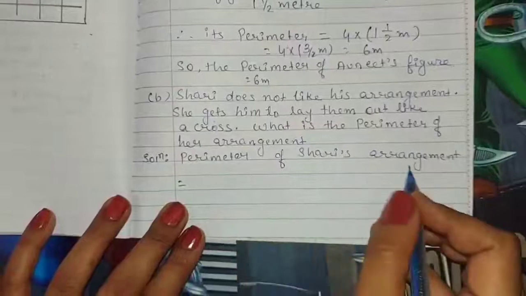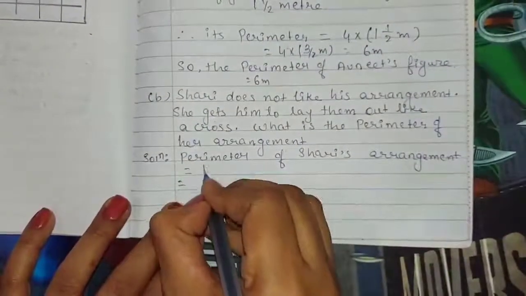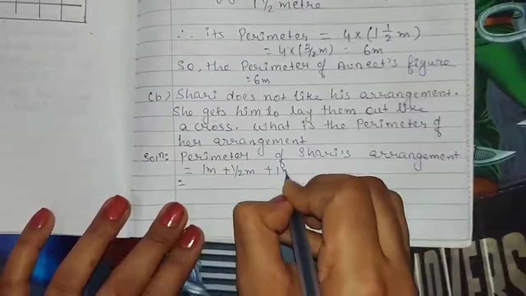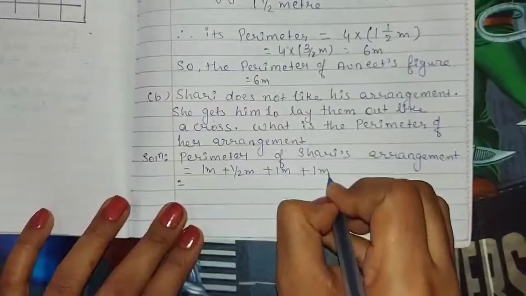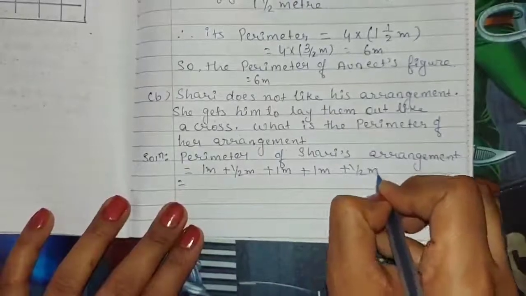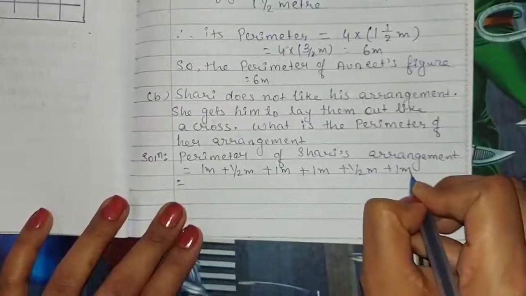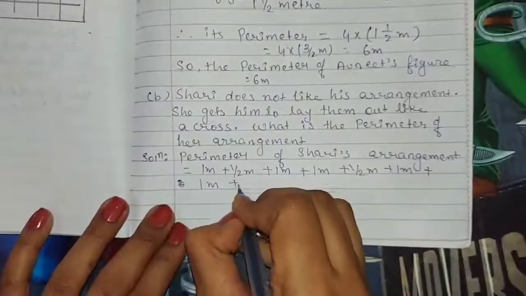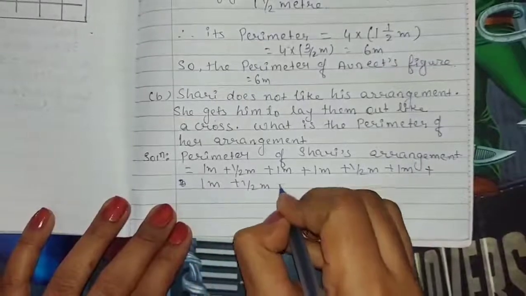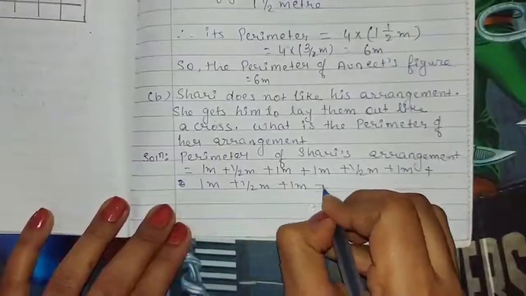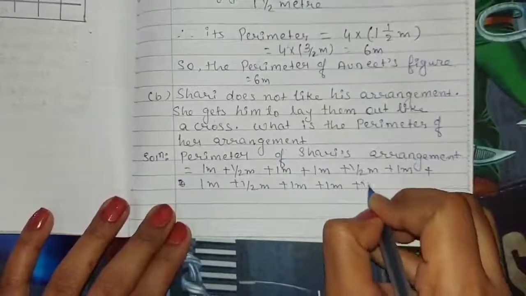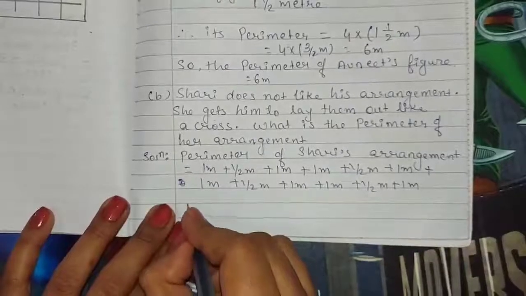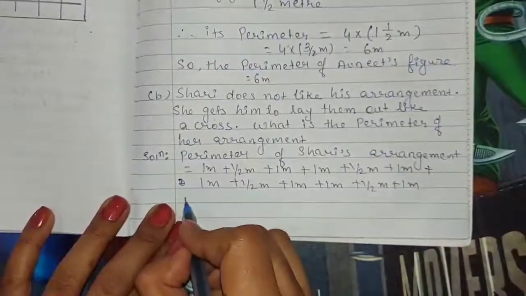So the perimeter of Sherry's arrangement equals 1 meter plus half meter plus 1 meter plus 1 meter plus half meter plus 1 meter plus 1 meter plus half meter plus 1 meter plus 1 meter plus half meter plus 1 meter. This is the arrangement of Sherry's slabs.